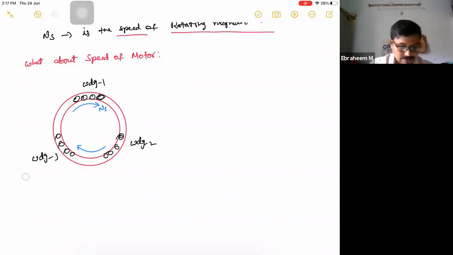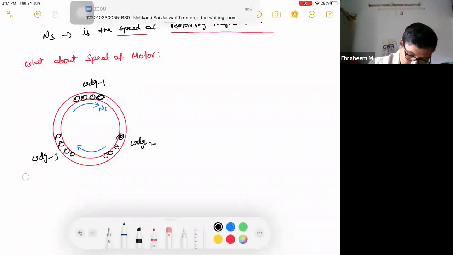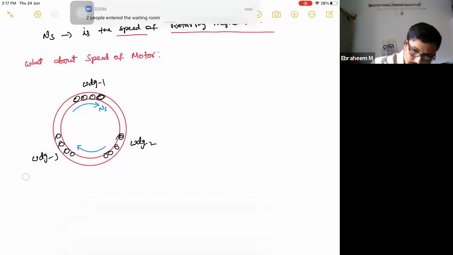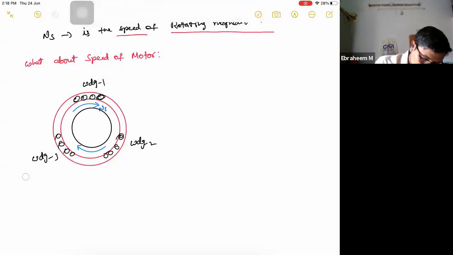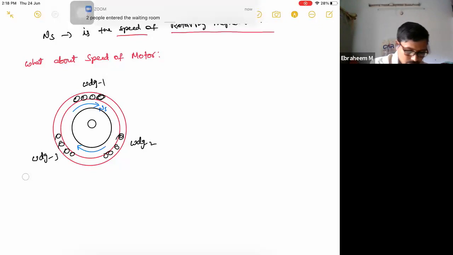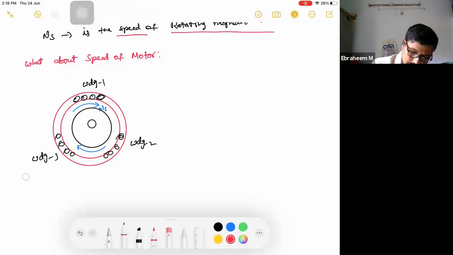Because of this ns, the rotor which is inside is also having conductors inside of it.